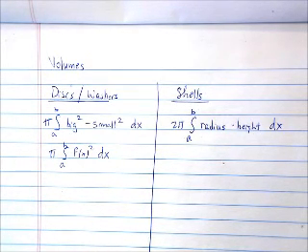When you're using the discs and/or washers method, how do you know when to use dx and how do you know when to use dy? All right.